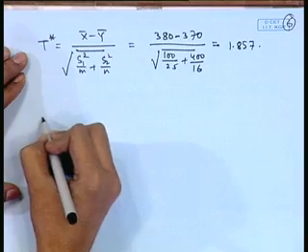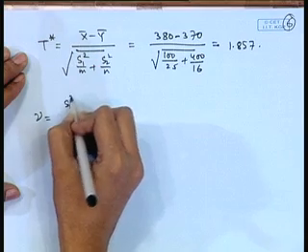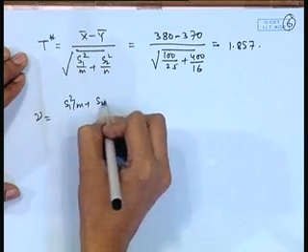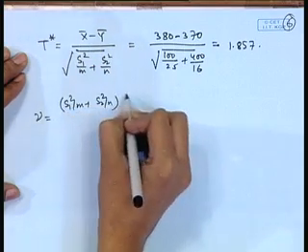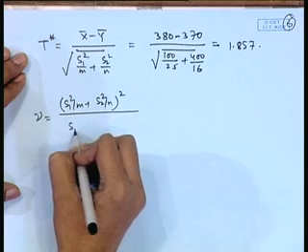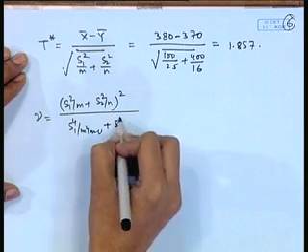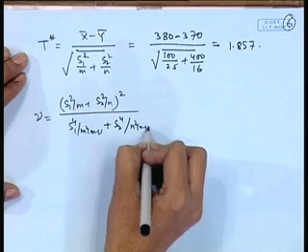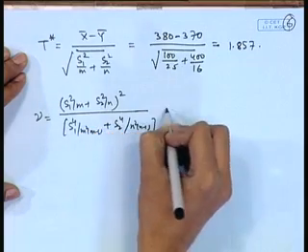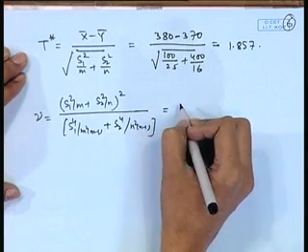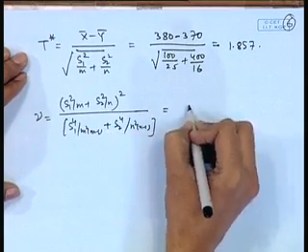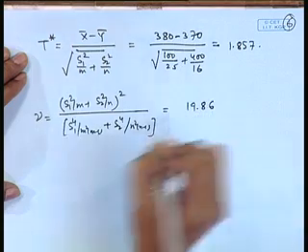Now, the calculated value of T star has to be compared with the T distribution on nu degrees of freedom. Now, nu was given by S1 square by m plus S2 square by n, whole square, divided by S1 to the power 4 by m square into m minus 1 plus S2 to the power 4 by n square into n minus 1. So, after substitution of the values given here, we obtain this value to be 19.86.